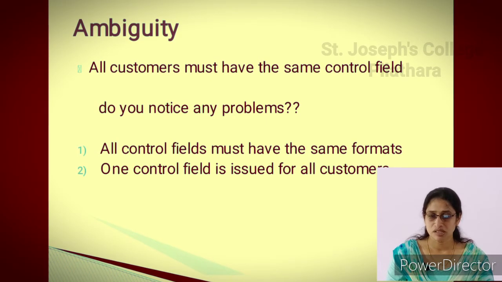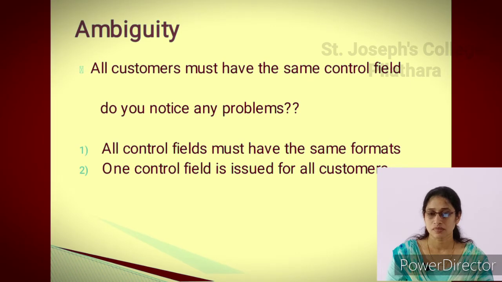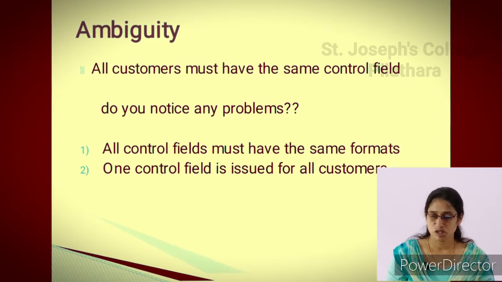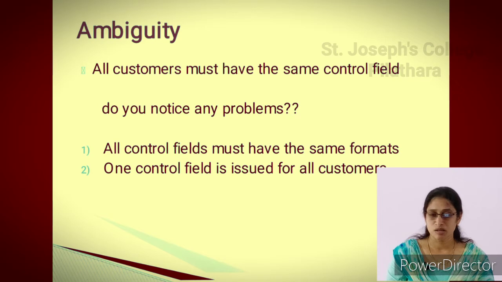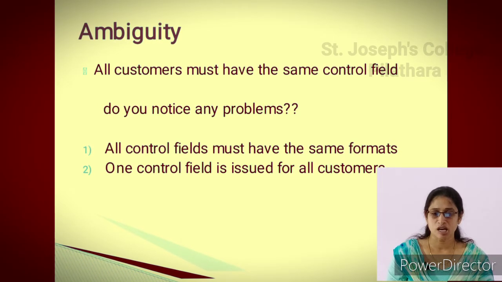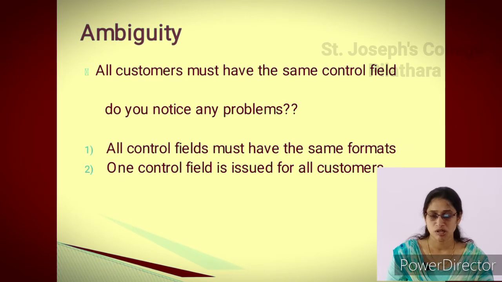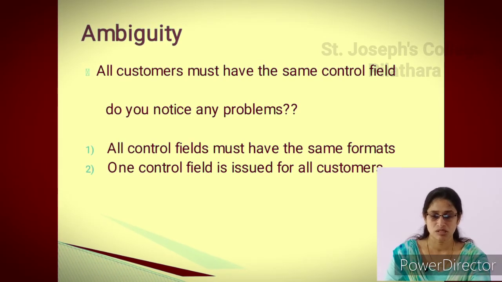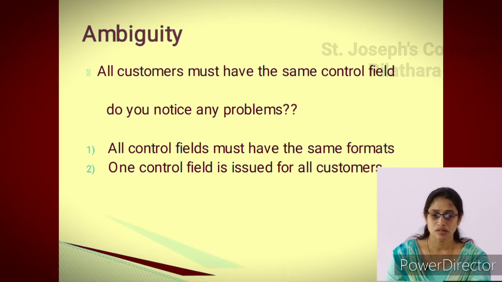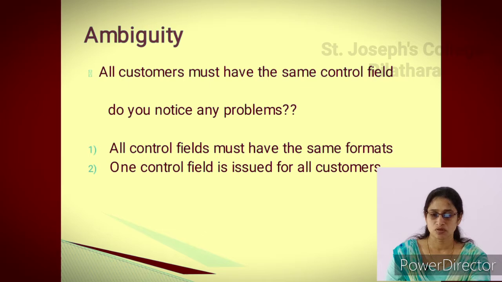Or is it that similar control fields are present with the different customers? We need to discuss with the customer to check what was really meant. There is only one control field which is shared among customers, where an action done by one customer also affects the other customers, or is it that they have similar but different control fields?